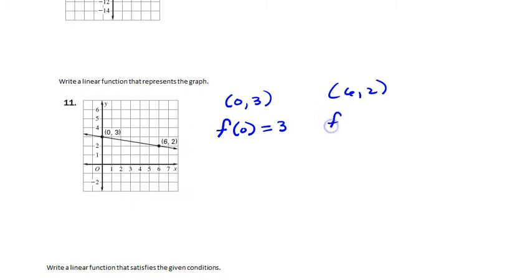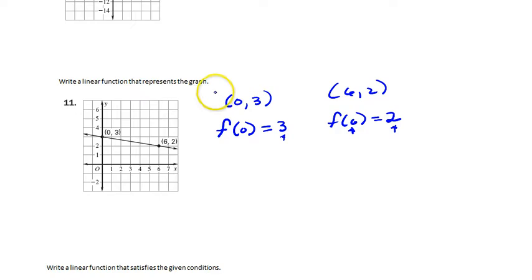And I know if I put 6 in for x, I'm going to get a 2 out of my function machine. I don't know what's happening inside the function machine yet. I have to figure that out. But I know what represents x and what's going to come out of my machine or represents y.